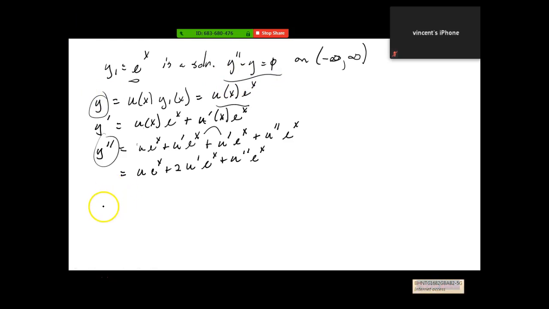So y double prime is u e to the x plus 2 u prime e to the x plus u double prime e to the x, okay, minus y. But y is e to the x, right? And that we know is supposed to equal 0.